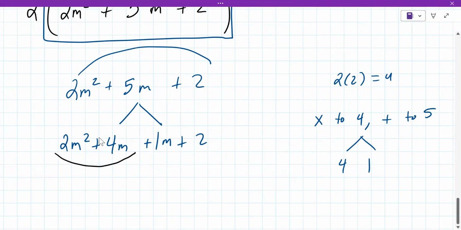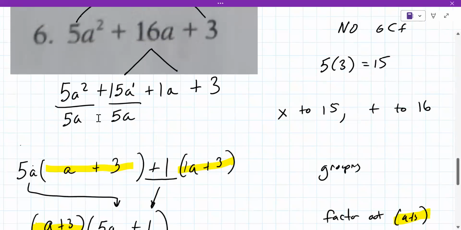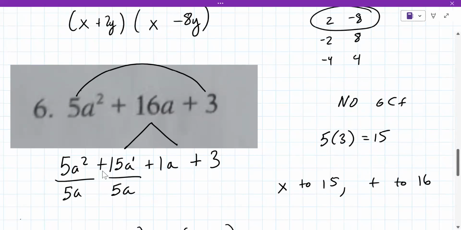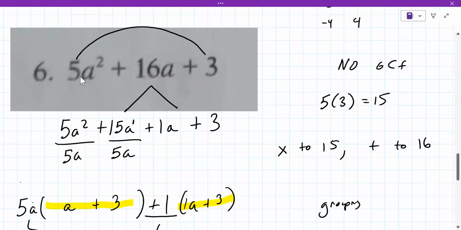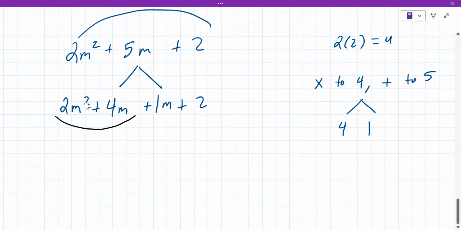Okay, I'll just say I don't know. Okay, let's look up here. We spent a great deal of time talking about the GCF. There's a GCF between 5a squared and 15a. It ended up being 5a. So you have to find the GCF of 2m squared and 4m.